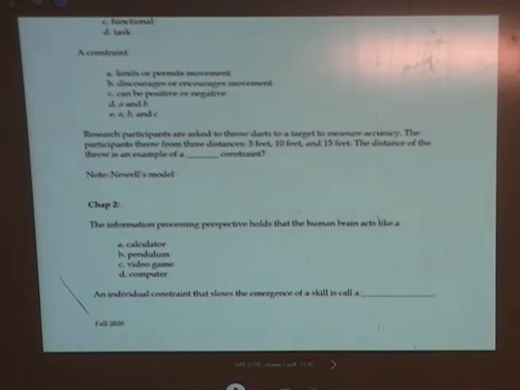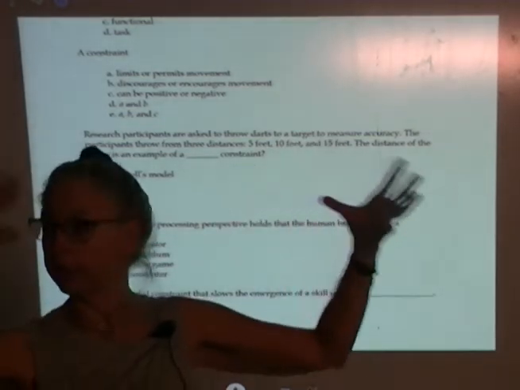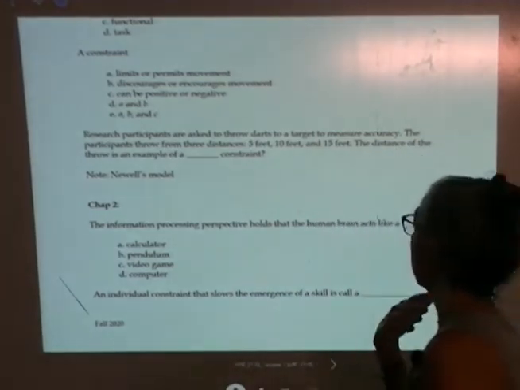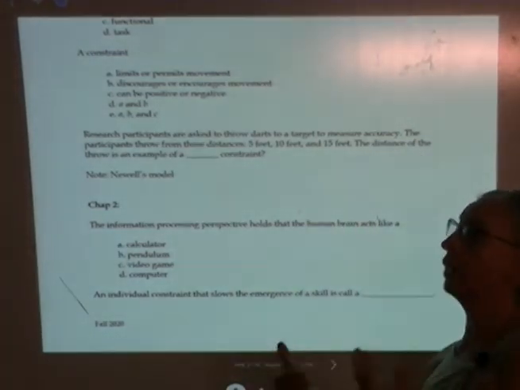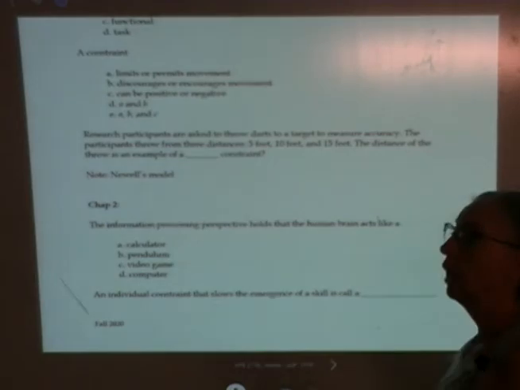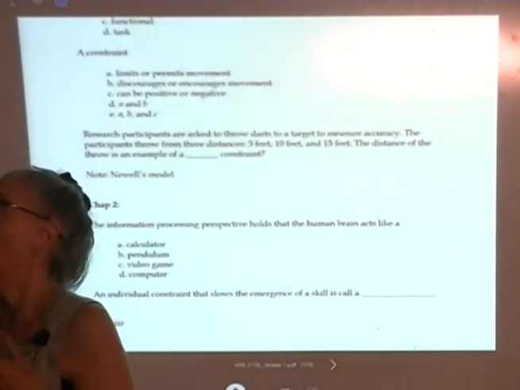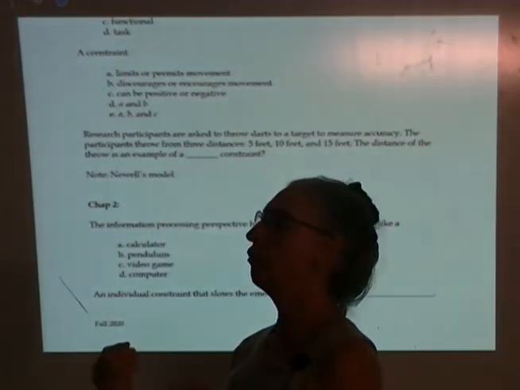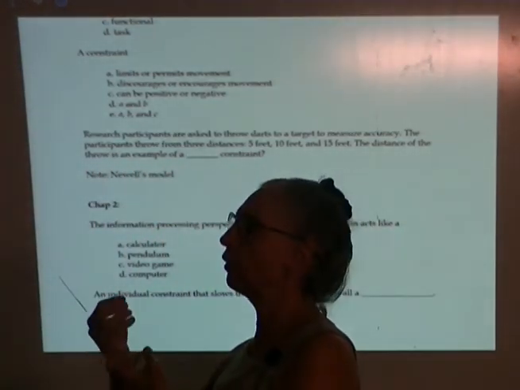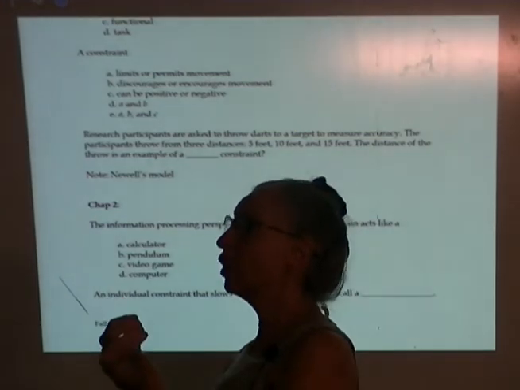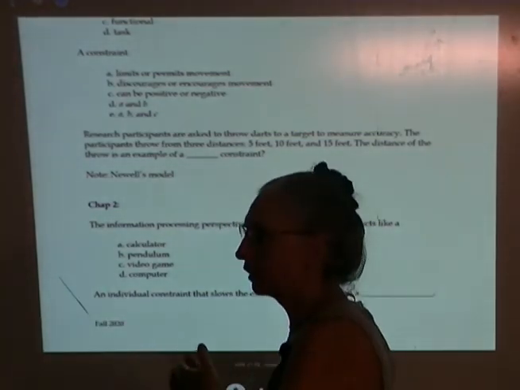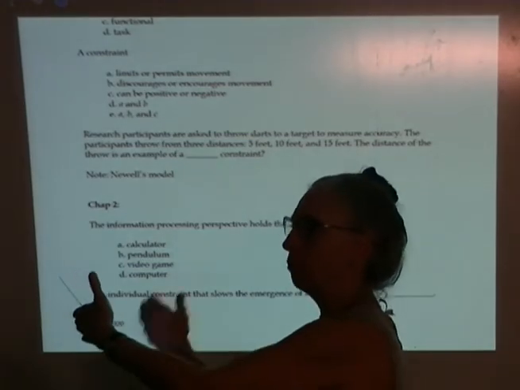Okay. All right? So a rate limiter is an individual constraint when we're looking at early in the lifespan. It's the constraint that is slowing the emergence of the skill. And when we look at the other end of the lifespan, a rate limiter is going to be the individual constraint that deteriorates the first and prevents a movement pattern from continuing.